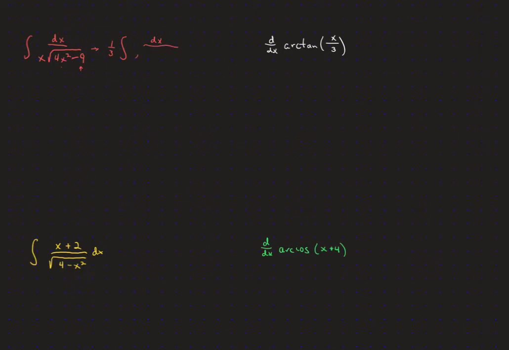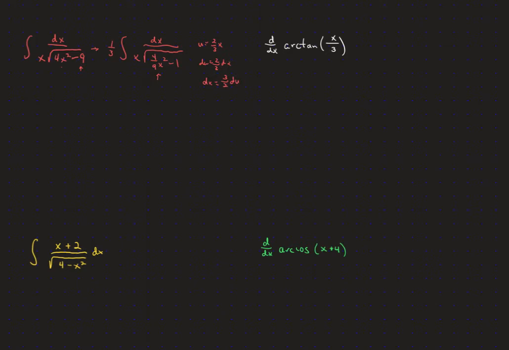We're going to still have that x outside for now, and when we divide through by that 9, that's going to be 4/9 x squared minus 1. Now we can see that this is going to be our u squared, which means u will be 2/3 x, du will be 2/3 dx, and our dx will then be 3/2 du.